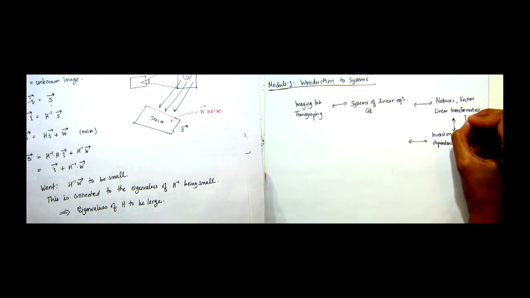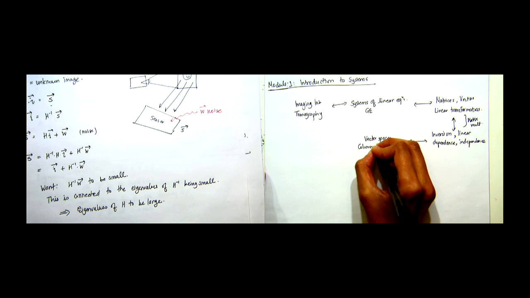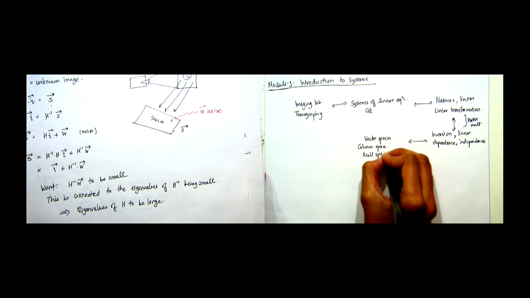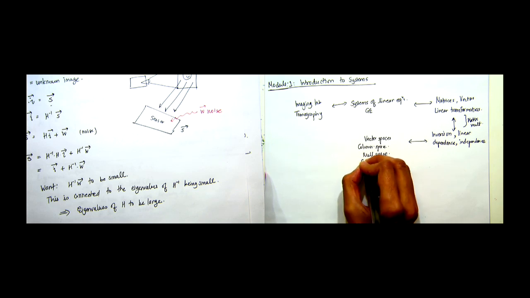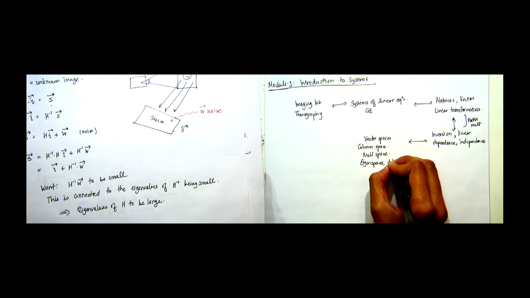All of this depends on matrix multiplication. This allows us to better understand vector spaces, define them, talk about column space, null space, and finally eigenspaces and determinants.